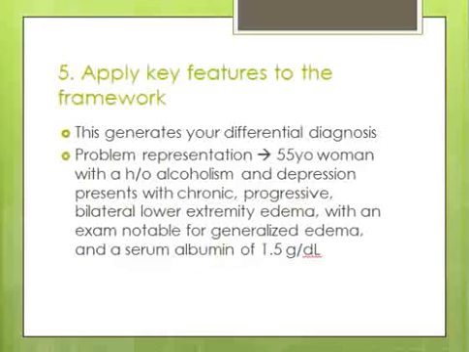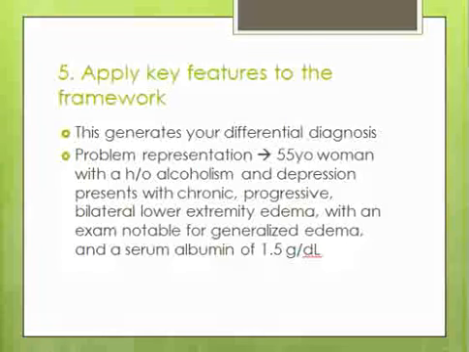Okay, so then we're going to slot in this patient, or this patient situation, I should say, alongside these frameworks that we've made. And this is where we're ultimately generating our differential diagnosis.